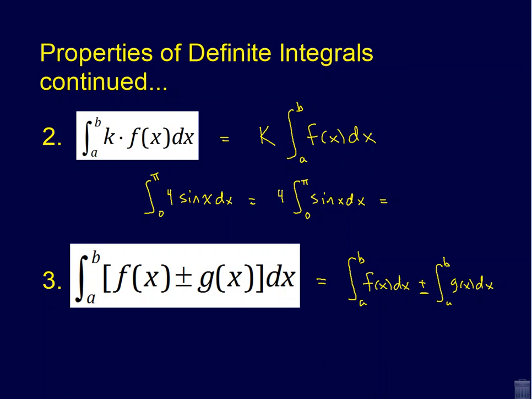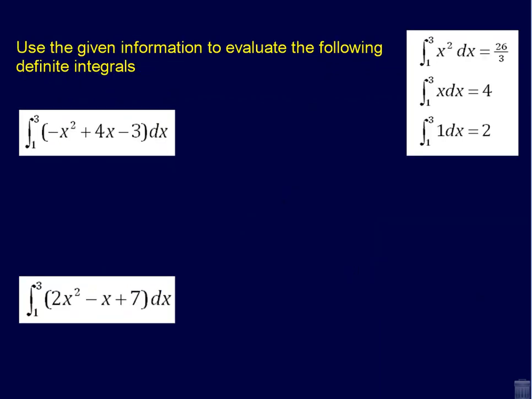Okay, so we're actually going to use those properties now to evaluate an integral that you would not know how to solve otherwise, because if I were to draw the function negative x squared plus 4x minus 3, that's going to draw a parabola, and so the exact value of this integral would be difficult to get exactly right now.